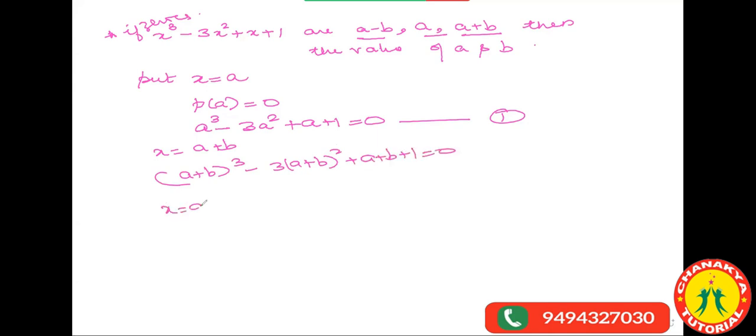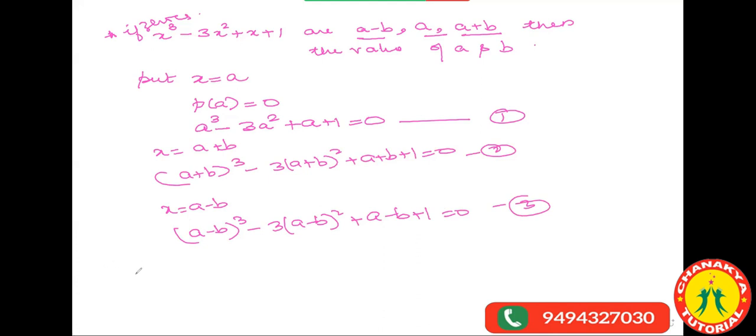Or x is equal to a minus b. Just put the values: a minus b whole cube minus 3 into a minus b whole square plus a minus b plus 1. So after solving these two equations, you can solve. Or there is another method. How you can solve? See.